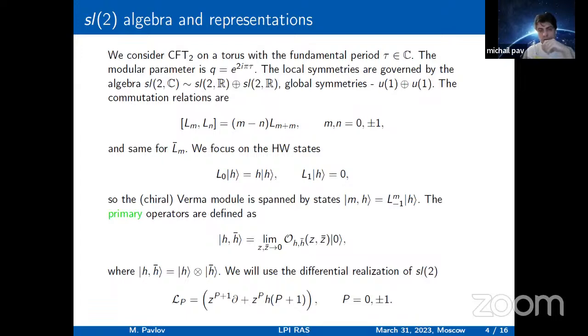Basically, we have two copies of the SL2 R algebra here, and the global symmetries are U1 plus U1. So it's like the usual symmetries on the torus. Then there are, of course, well-known commutation relations for the SL2 algebra, and we focus on the highest weight states, which are defined as follows.